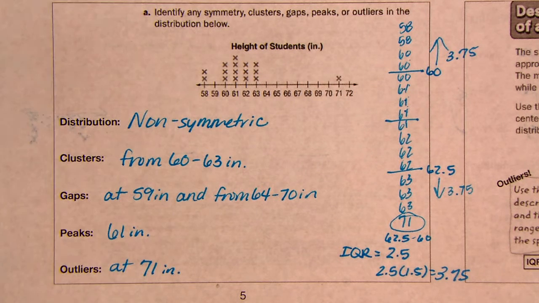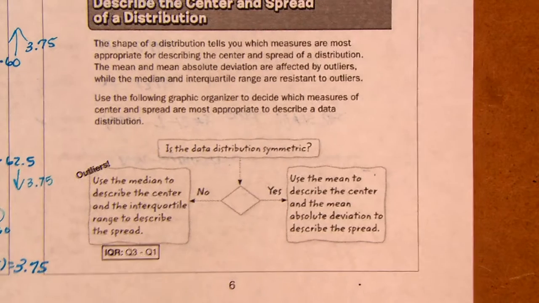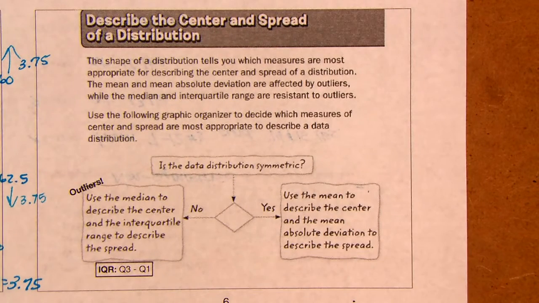Okay? Describe the center and the spread. Now, there are two measures for center that we use. We use mean and median for center, and we use interquartile range or mean absolute deviation to talk about spread.